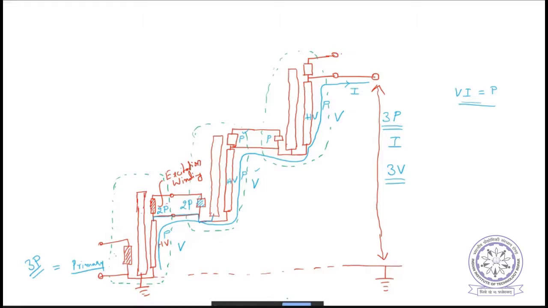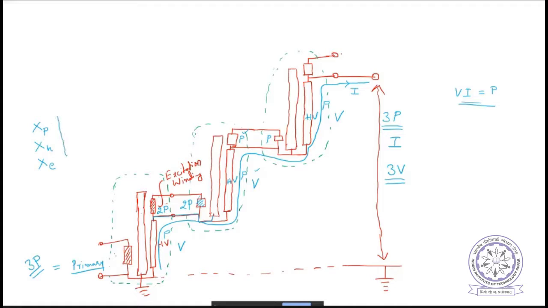So let us look into the reactance of this cascaded transformer set. Suppose XP is the primary reactance, XH is the high voltage winding reactance, and XE is the excitation winding reactance.